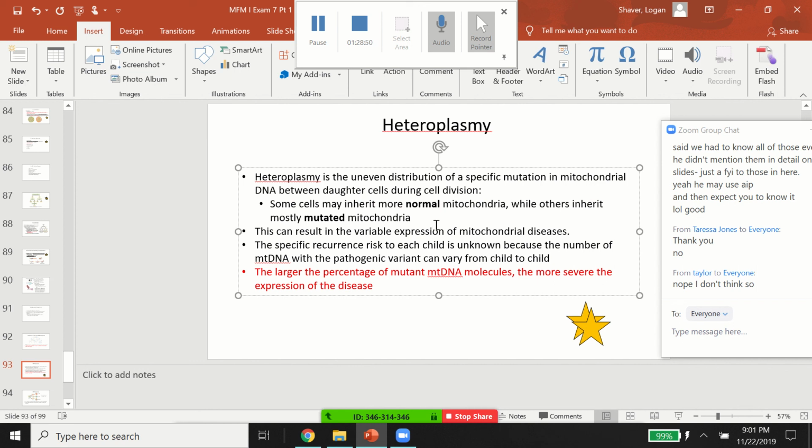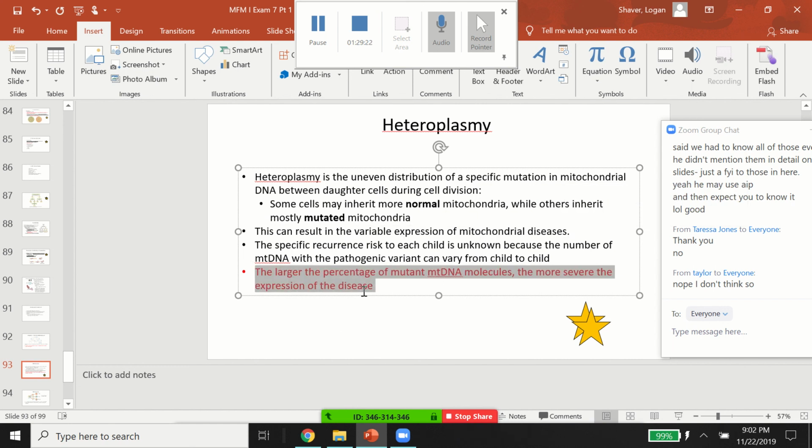So it's not like your genome, which is only in the nucleus, so there's only one copy per cell. With mitochondria you have multiple mitochondria with the same DNA, but they could be different, with different expressivity and everything. So yes, you could have variable expression of mitochondrial diseases because there's more than one mitochondria.